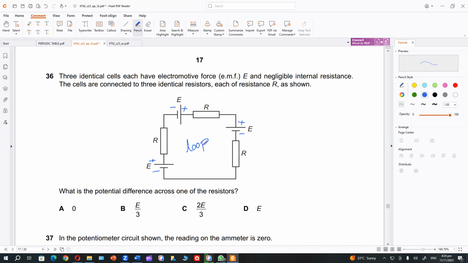When batteries are connected in opposite polarities, their EMFs are added or subtracted. When cells are connected in opposite polarities, they are added, and with like polarities, they are subtracted.